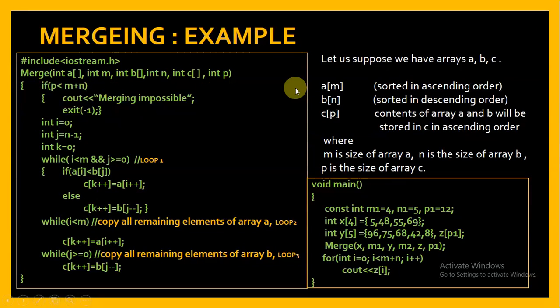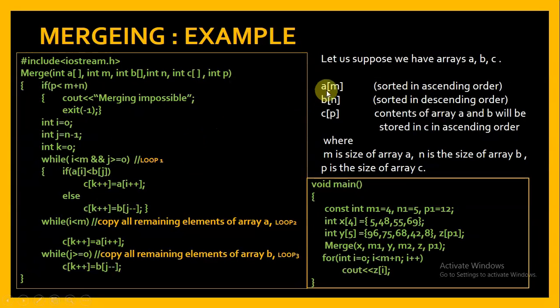Now, to store the contents in ascending order in the array C, we need to read array A from the beginning, but as B is in descending order, we will read B from the end. So you can see I have initialized i to 0 but j to n minus 1 because I will read the array B from the bottom.